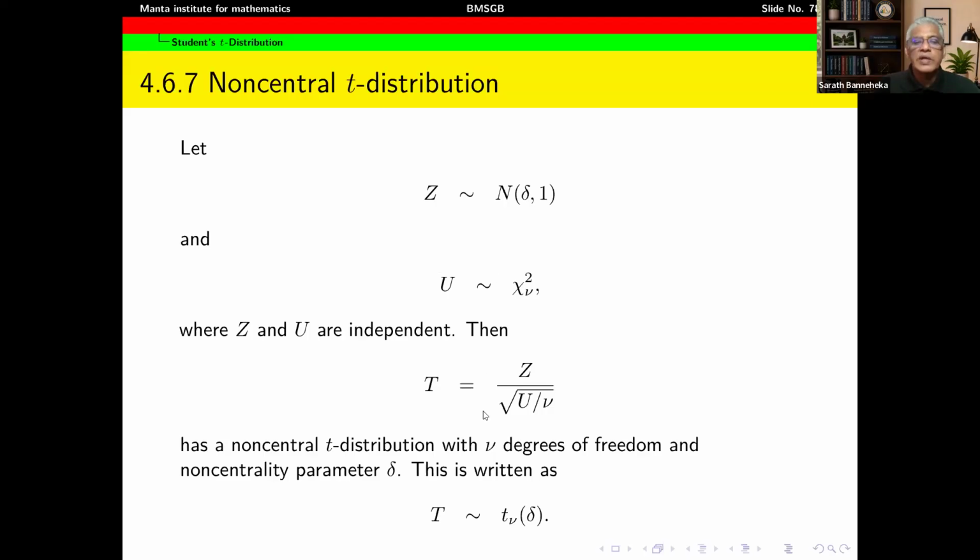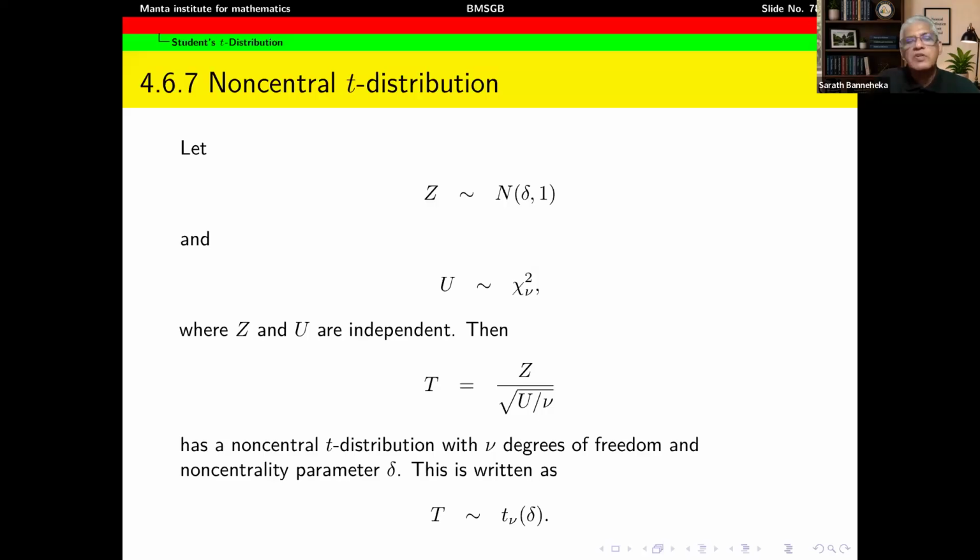In that case, if you look at this ratio, it has some distribution. That distribution is called the non-central T distribution with nu degrees of freedom, and the non-centrality parameter is delta, where delta is actually the mean of the normal distribution from which the T distribution arises here.